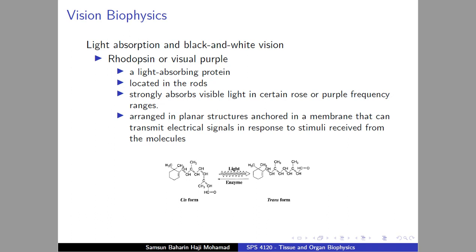It is arranged in a planar structure anchored in a membrane that can transmit electrical signals and respond to stimuli received from the molecule. Here we can see the cis form, state A, which becomes state B when it receives light. It transforms from state A to B.